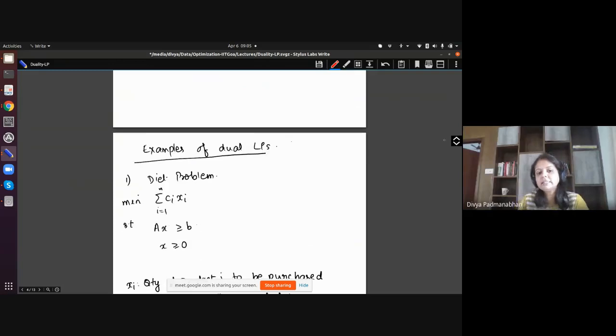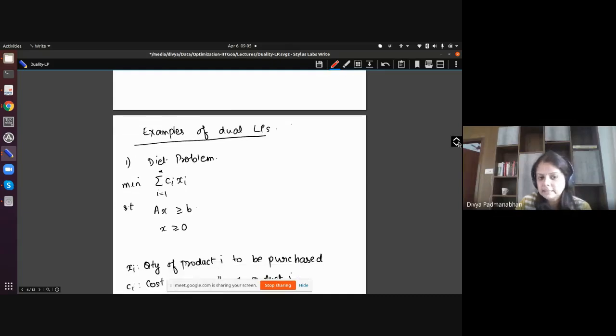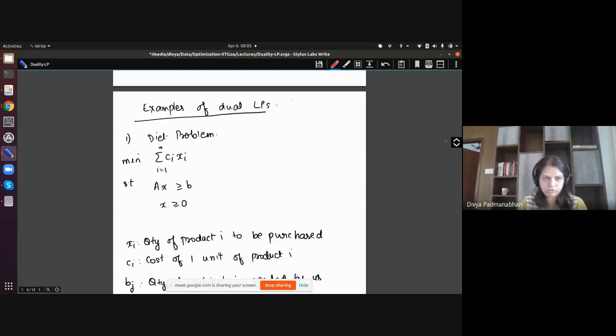Now let's see some examples in practice. Like Devyani was asking, what is the use of it, or what can we do with it? It turns out that many times these duals have different kinds of interpretations. For example, let's see this diet problem that we first talked of when I introduced you to linear programs.